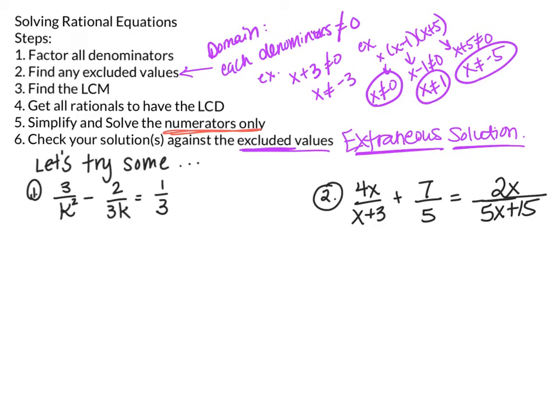I'm going to set each of those denominators equal to 0, but say it cannot be that. So k cannot be 0. 3k cannot be 0, so again, k cannot be 0. For our last one, 1 over 3, 3 cannot be 0. That doesn't even make sense. So really the only excluded value here is that k cannot be 0.